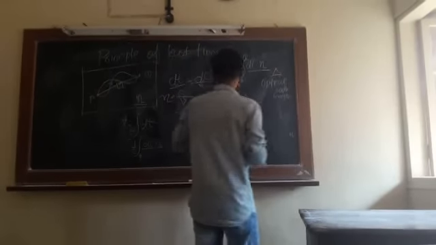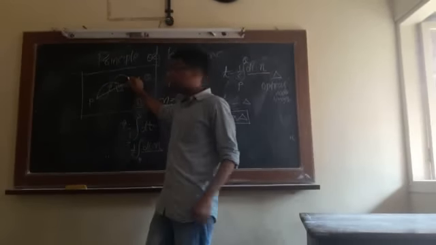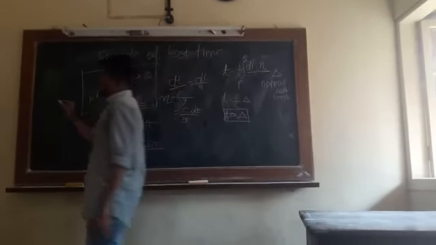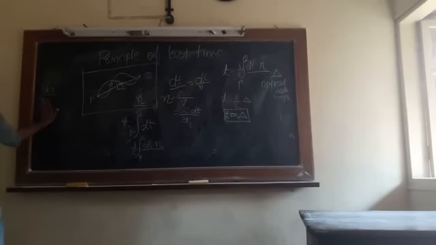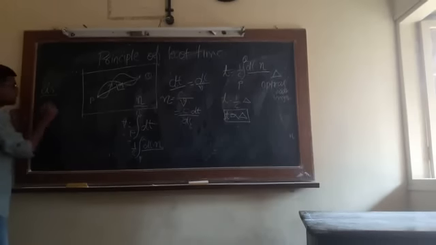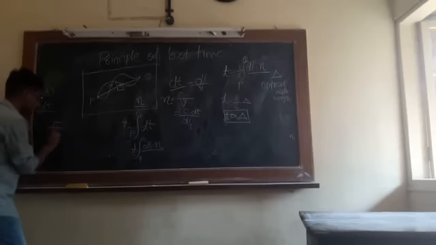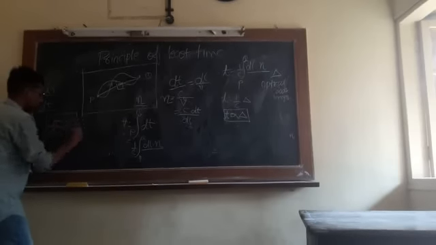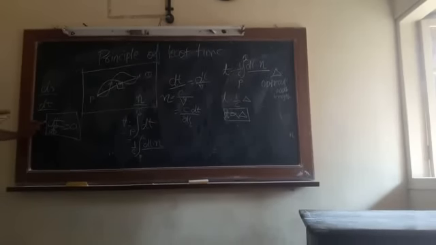And there are so many paths from point P to Q. Suppose we denote a parameter by ds, and the smallest time by dt. So Fermat's principle also says that dt upon ds will be equal to 0, because dt is the smallest time, the limit of delta t tends to 0.